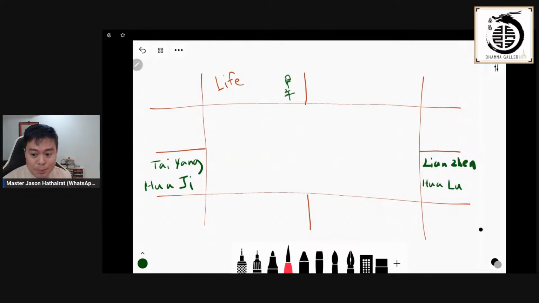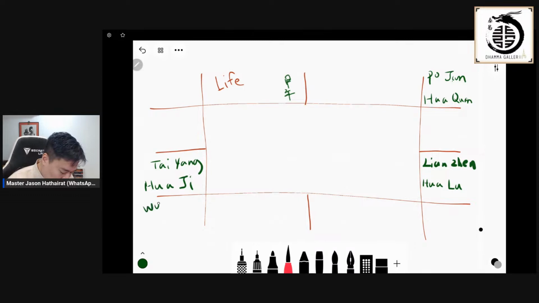So please bear with me as I draw out the various flying stars for you to have a better understanding. Let's say we have Paul Jun here. Paul Jun will be pairing with Hua Quan, and Wu Qu. We have Wu Qu here. Then Wu Qu will be pairing with Hua Ke.